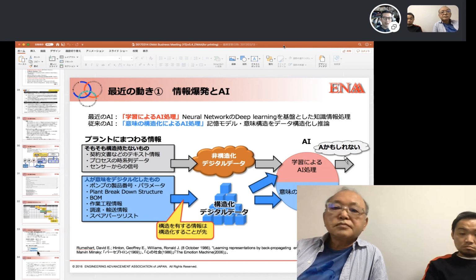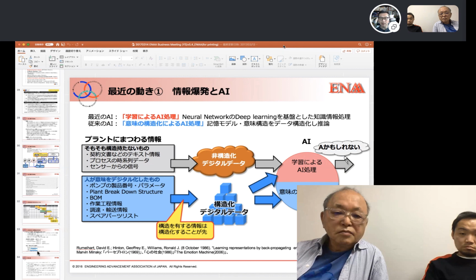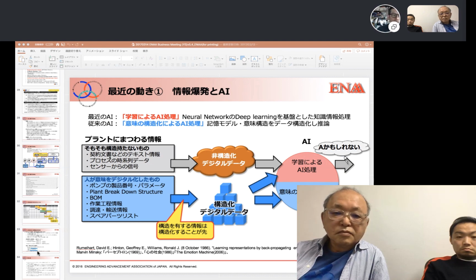And actually, in the case of functional safety, there is SIL. SIL is the safety integrity level, which is specified by the IEC 61508.